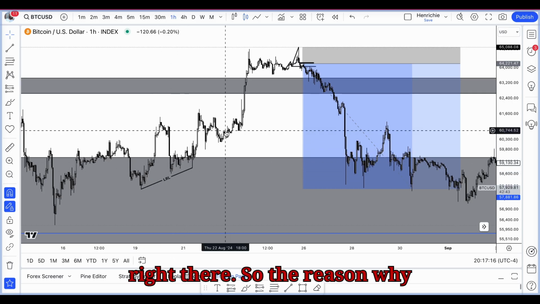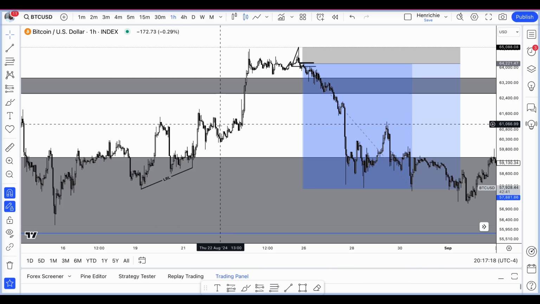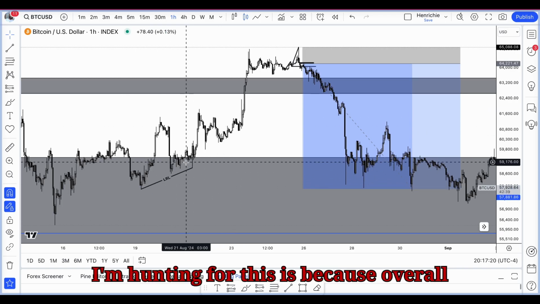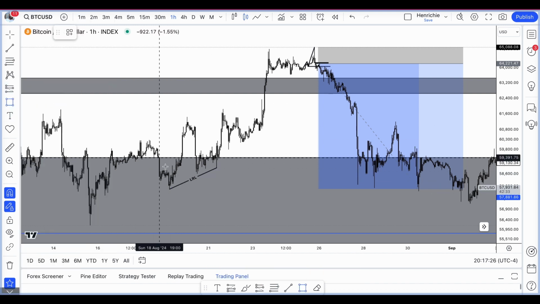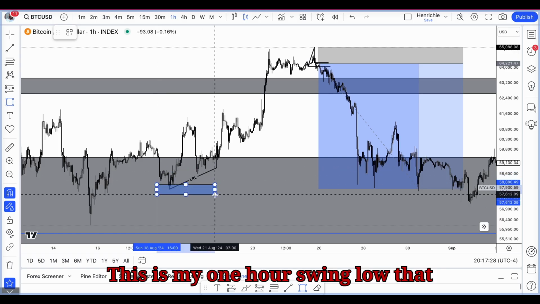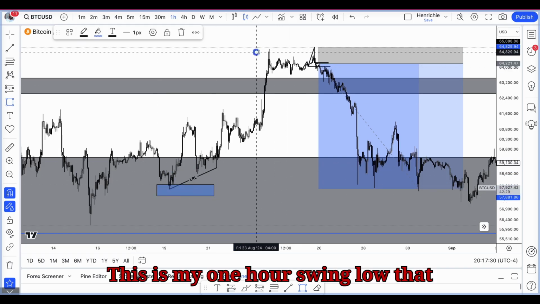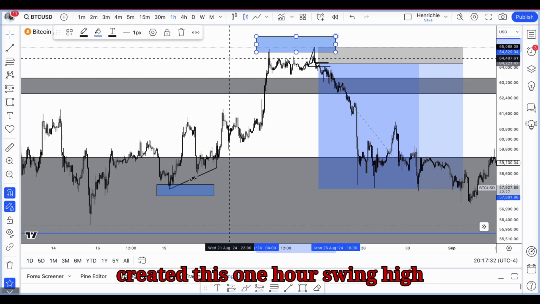So the reason why I'm hunting for this is because overall, this is my 1 hour swing low. This is my 1 hour swing low that created this 1 hour swing high.